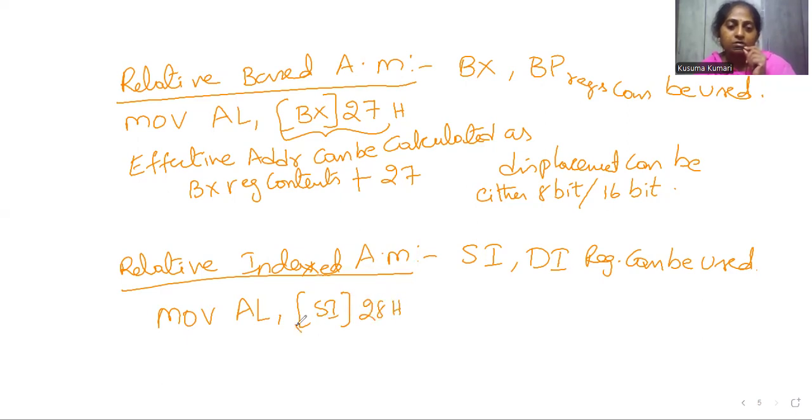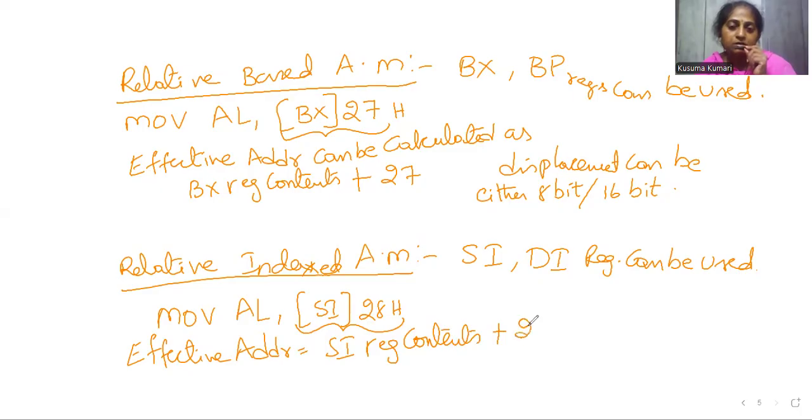Here the sum of the source index register contents and the displacement is the effective address. So the effective address is equal to the source index register contents plus displacement 28 hexa.